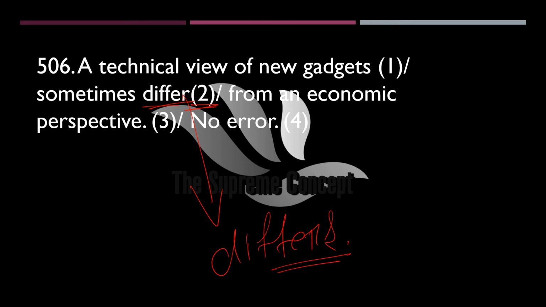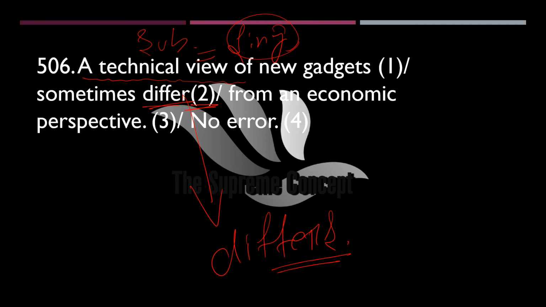Because see, a technical view is the subject. Technical view is actually our subject here, right? And this is singular. So for a singular subject, we will use singular verb form.